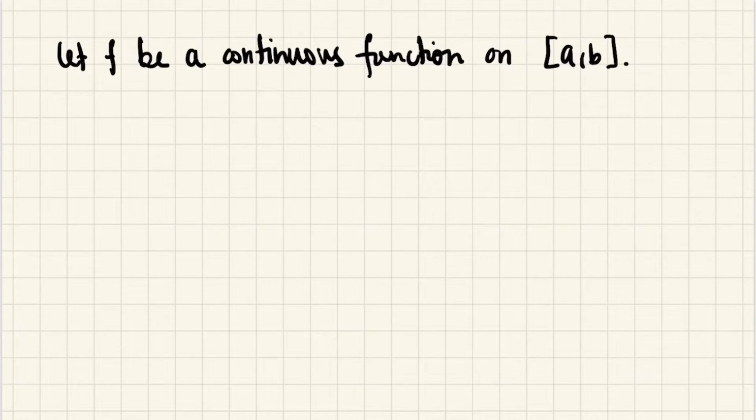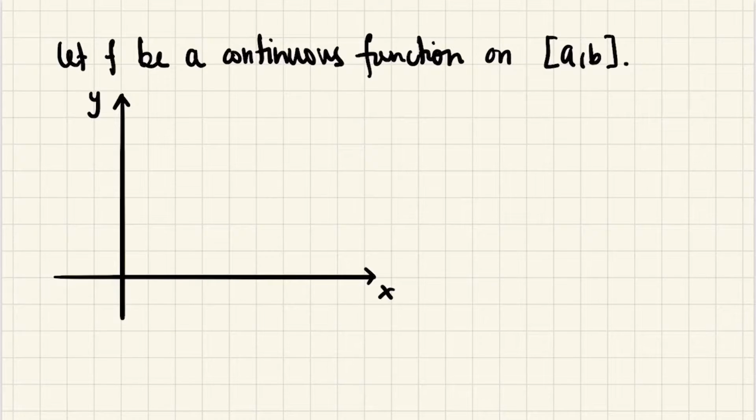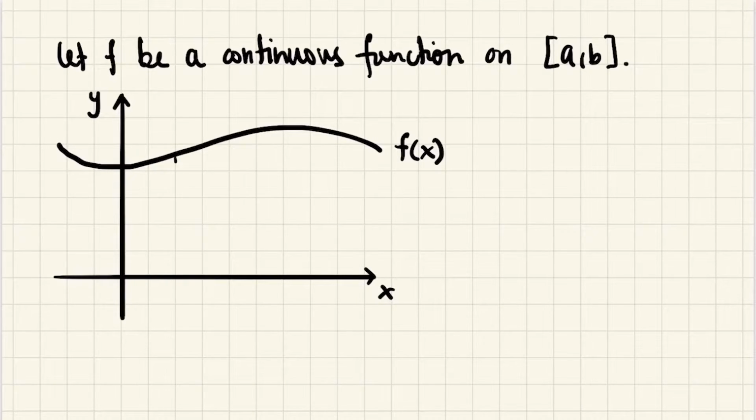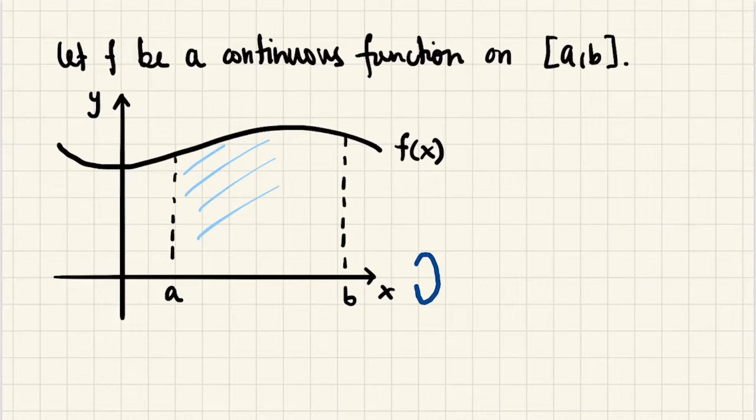All right, so let's let f be a continuous function on the interval a to b. So we can imagine our f right there, just minding its own functionally business. And let's suppose that a is right here and b is right here. So we can imagine taking this particular region and rotating it around the x-axis, which would produce, in a sense, a solid.